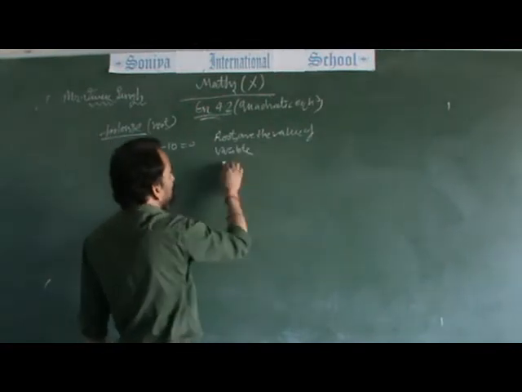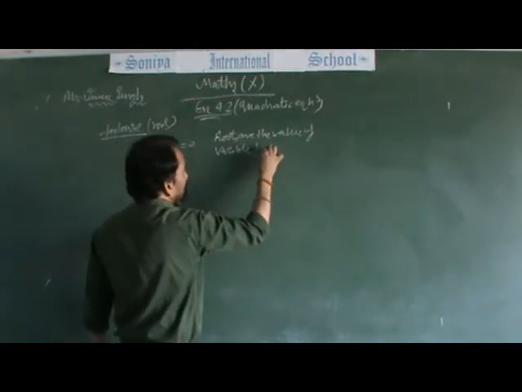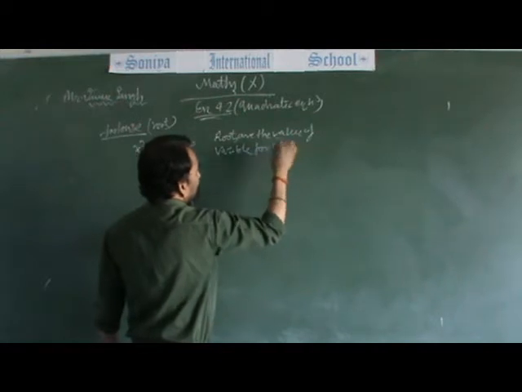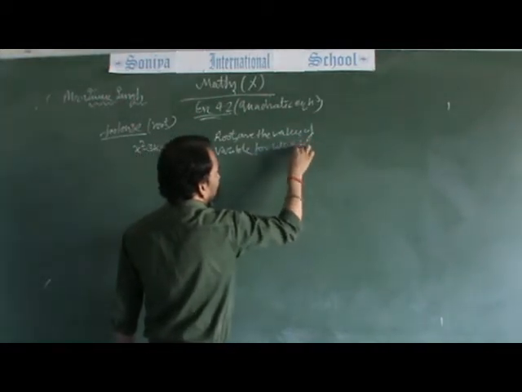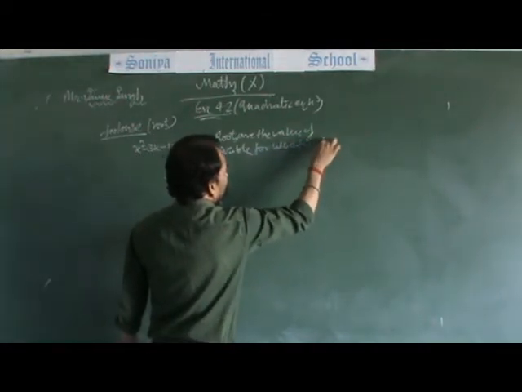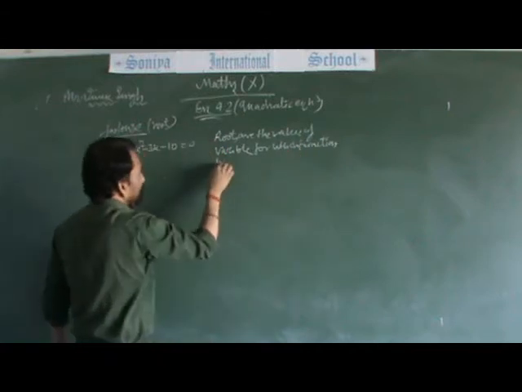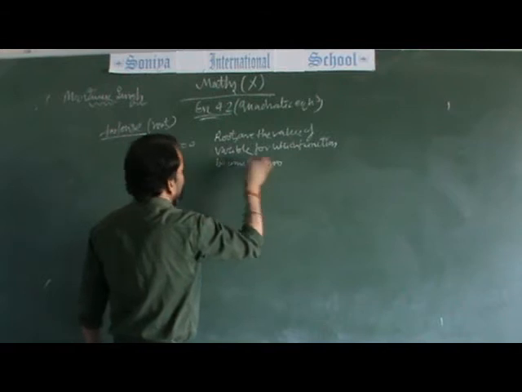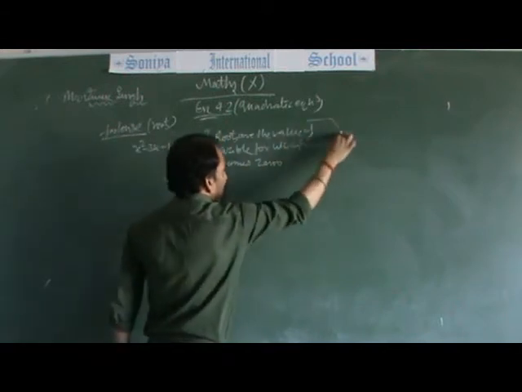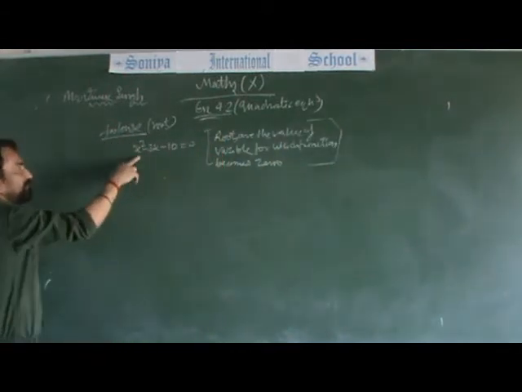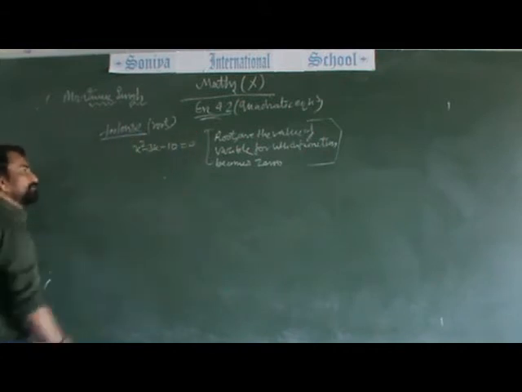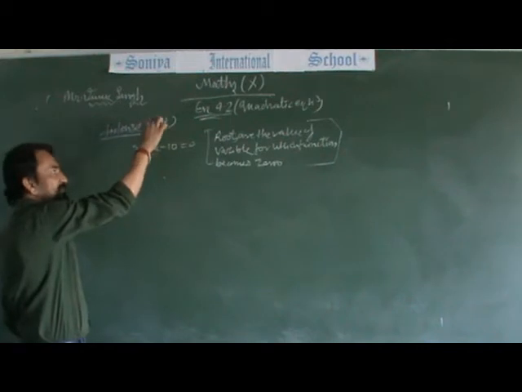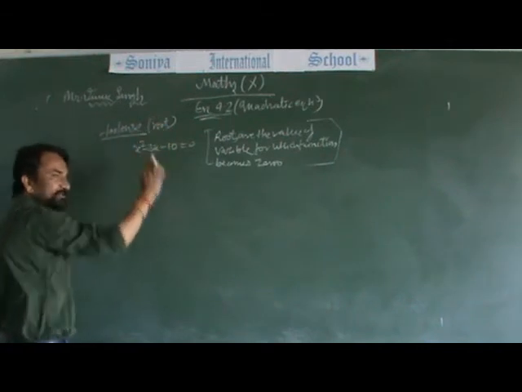Roots are the values of the variable for which the function becomes 0. That means, what are the values of variable x for which the whole expression is equal to 0? These are known as the roots, or you can say the zeros, or you can say the solution.